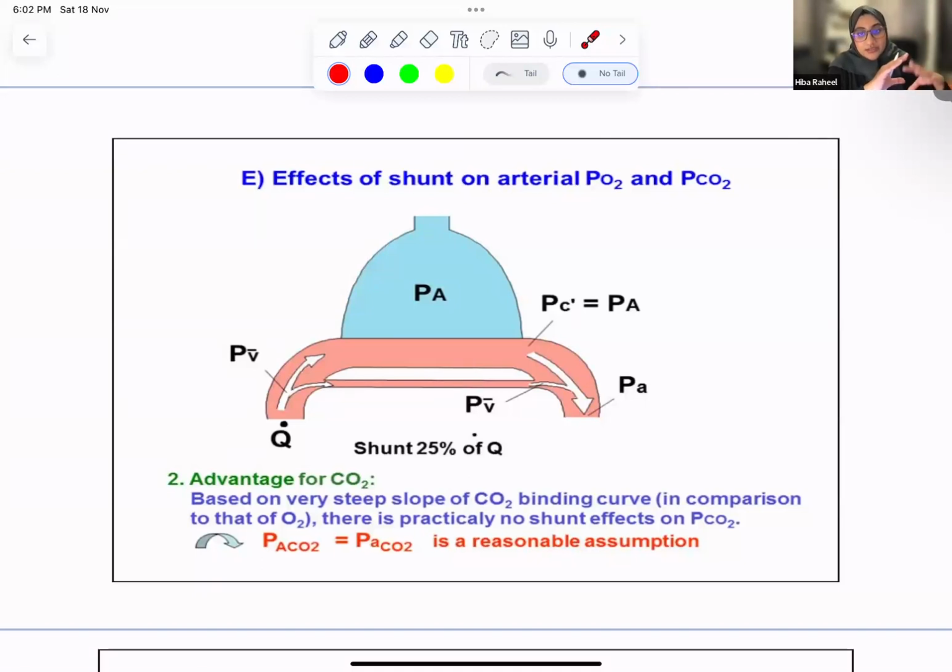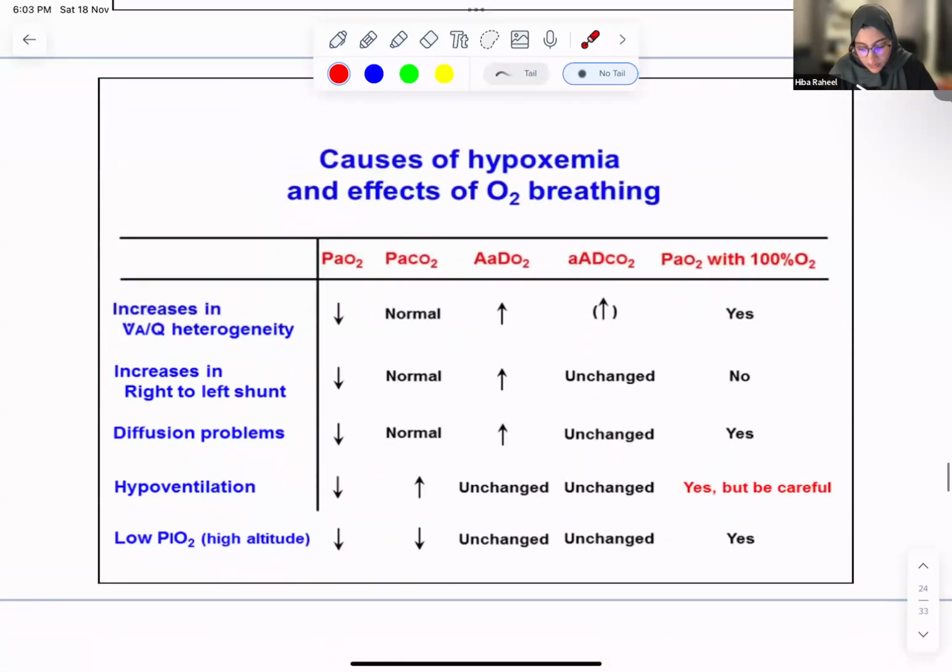So it automatically goes and mixes with the arterial blood. This causes the arterial blood to not be oxygenated, and it leads to hypoxemia. And this condition occurs in something called VSD, ventricular septal defect. When there's a hole in our heart, the oxygenated and the deoxygenated blood mix together and the partial pressure of oxygen decreases. Understood? Okay.